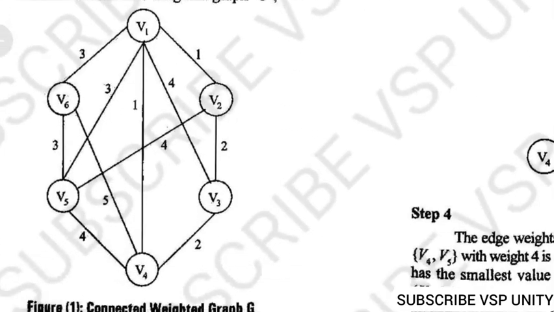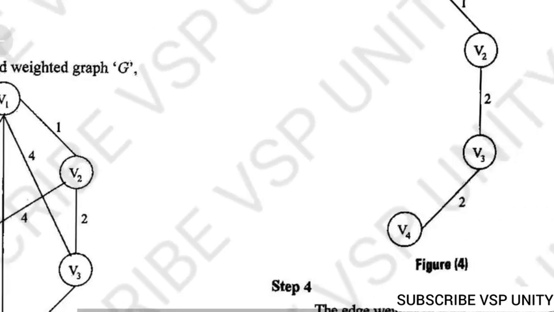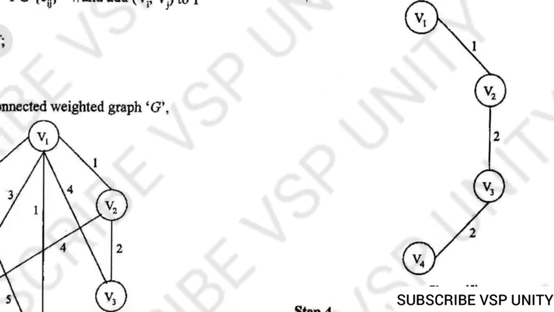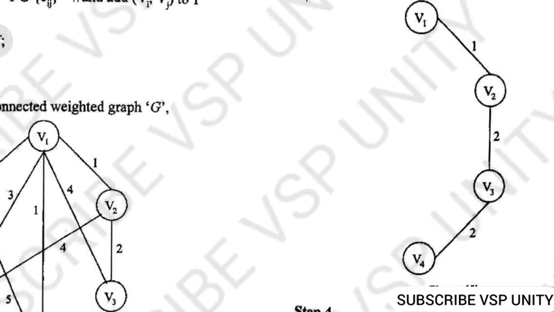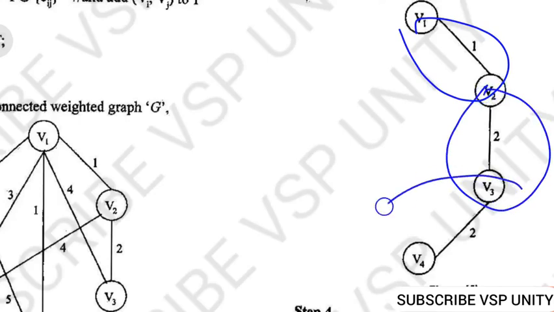v3 has adjacent vertices v2, v4 and v1, and that's it. The smallest edge is to v4. As we have already done v2, we will be selecting v4 here. Look at this particular one. Now we have done v1 to v2 and then v2 to v3, and now we have done v3 to v4.